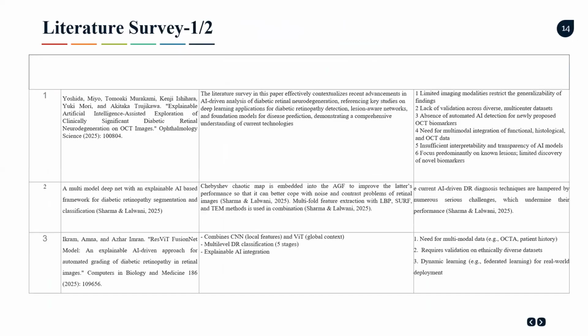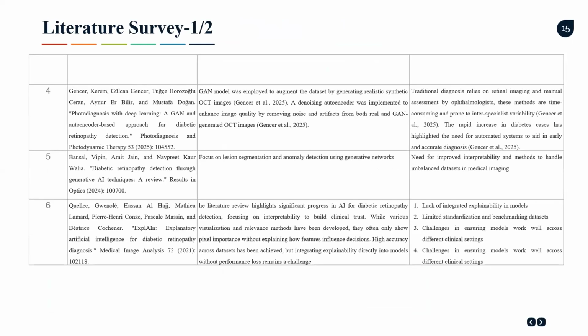So this is the literature survey. Here we are conducting a literature survey of 10 papers. Experts have created models that can analyze retinal images to detect the signs of DR. These models assist in early screening and diagnosis by classifying images according to disease stages.